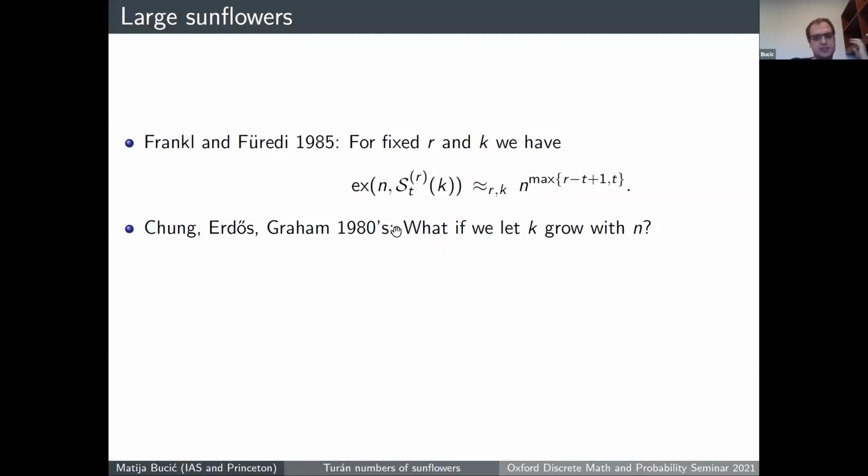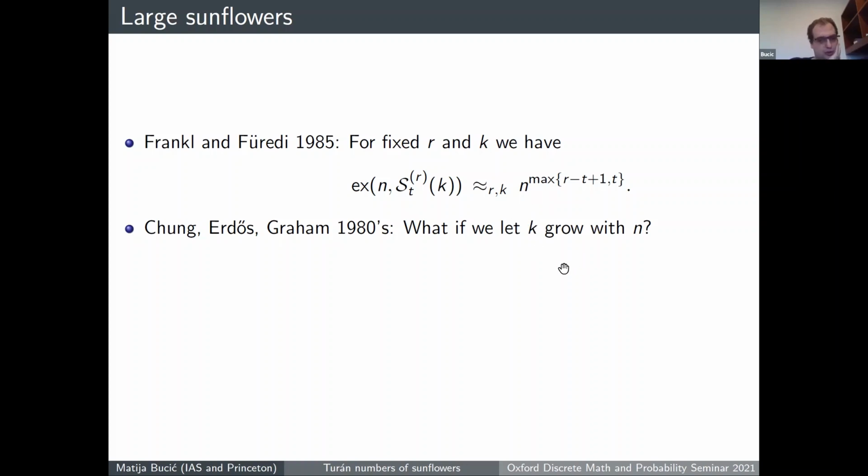They asked it with a certain specific application in mind to a so-called unavoidability problem, which I'll tell you a little bit about towards the end of the talk. But it's a very natural question on its own. We're just trying to understand this function better. So we want to have a similar result, just with the correct dependency on n and k.